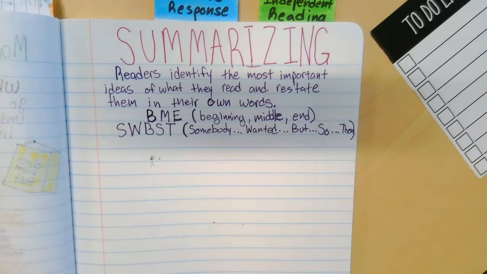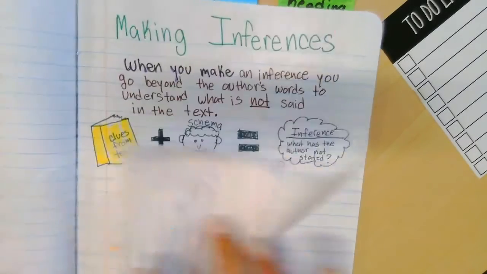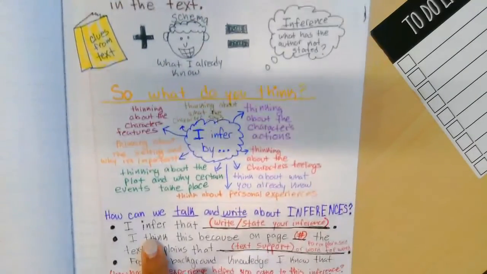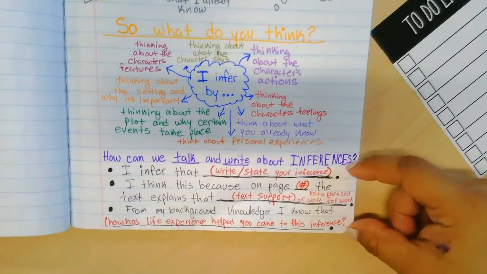So now I'm going to give you some sentence starters, some sentence stems for summarizing, okay? If you remember, in making inferences, what was the subtitle for our sentence starters?